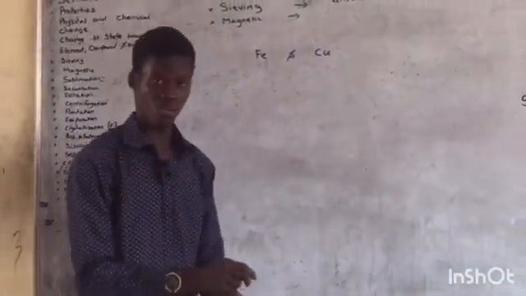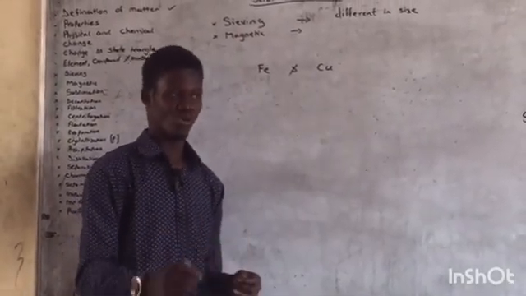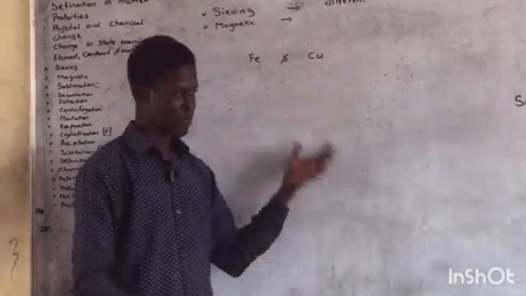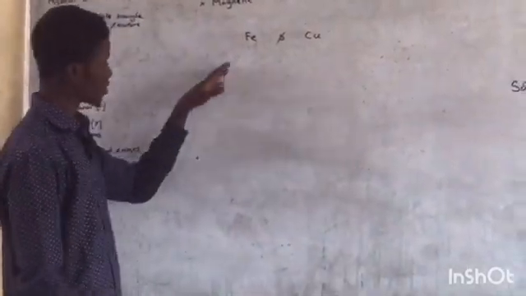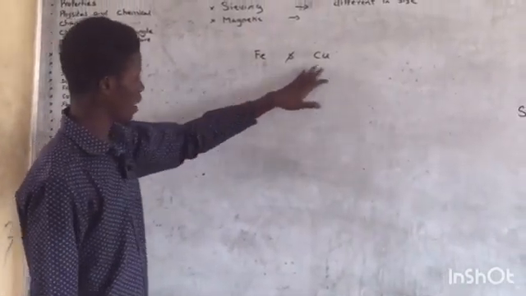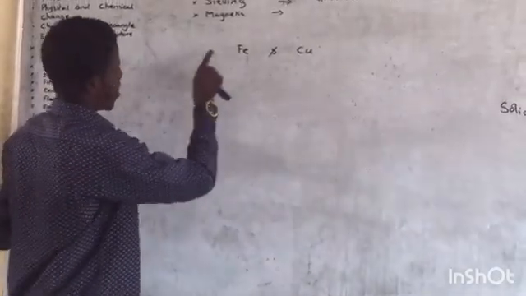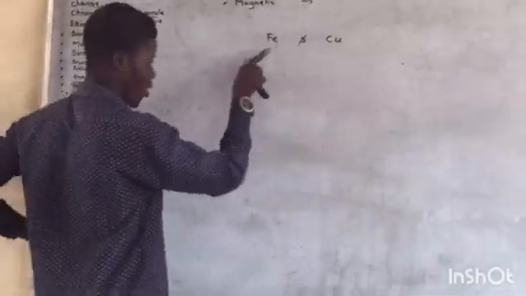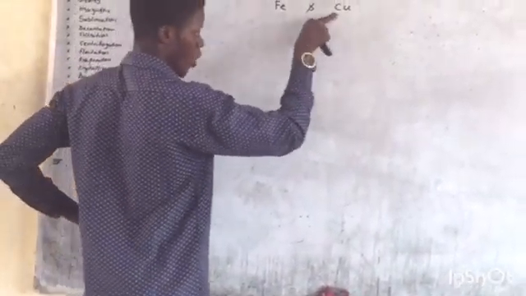I can't just go there and start picking the iron one after the other. Picking is also one of the separation techniques, but it's kind of stressful. So what we use is something that will pick all the iron and leave the copper, and that thing is a magnet. A magnet works on the principle that one of them has to be magnetic in nature while the other is not.